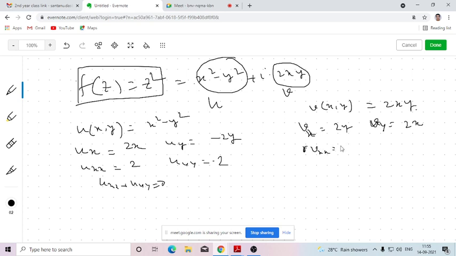This is a function that contains y, so differentiating with respect to x again, it is a constant term, so this will be 0. And v_yy will also be 0. So here v_xx plus v_yy is 0. So we have checked that, assuming the function is analytic, the real and imaginary parts are both harmonic.